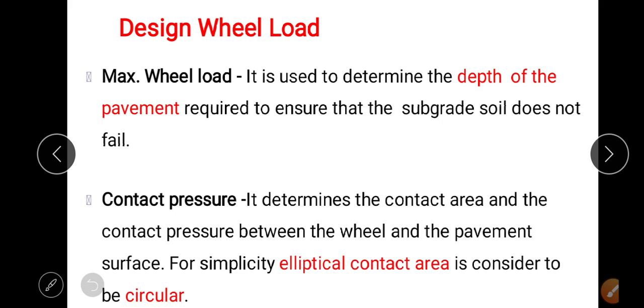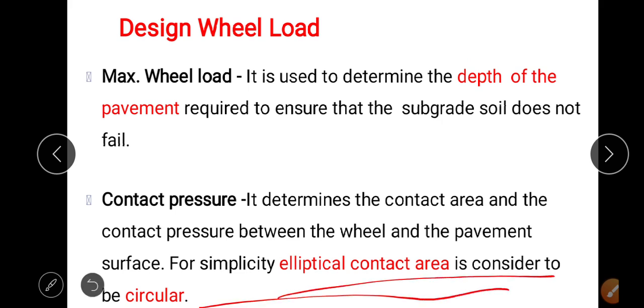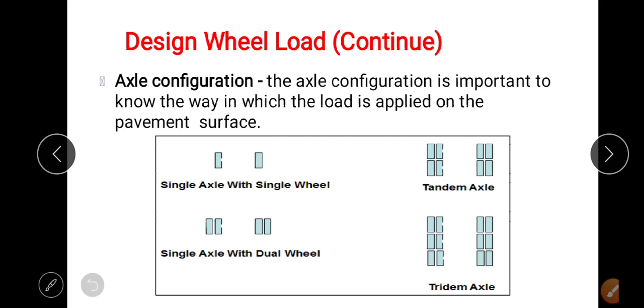That is why it is known as the pressure caused due to the contact between the tire and the pavement surface. It determines the contact area and the contact pressure between the wheel and the pavement surface. For simplicity, the elliptical contact area is considered to be circular. In practice it is elliptical, but it is considered circular for the sake of convenience to formulate.